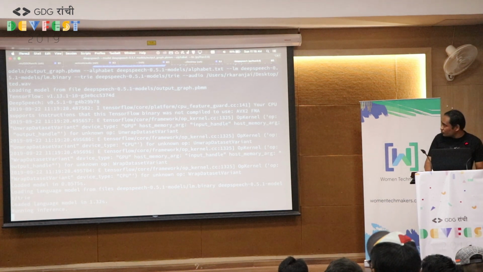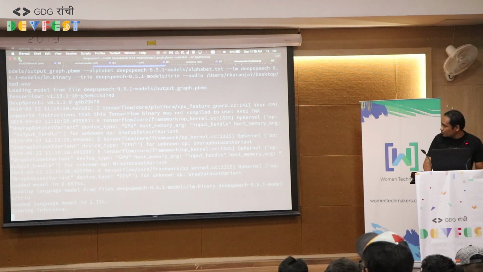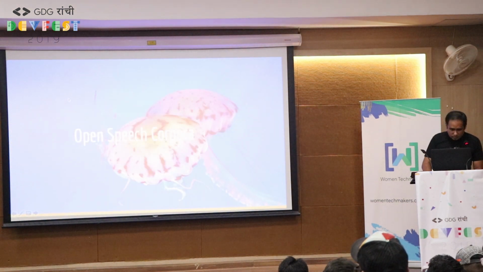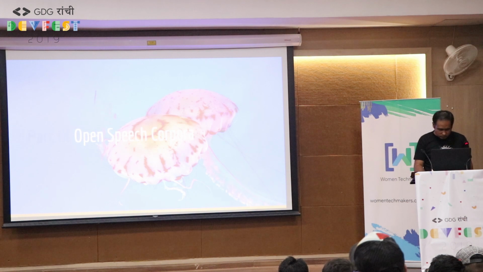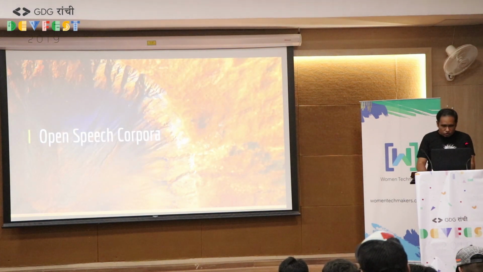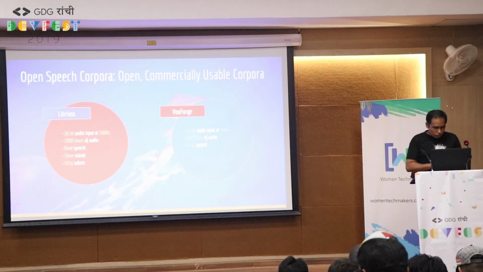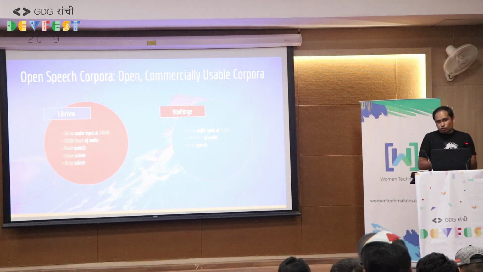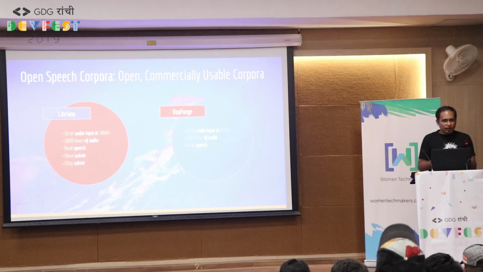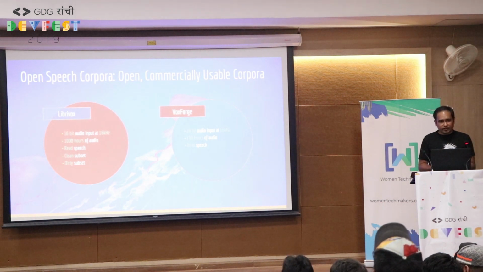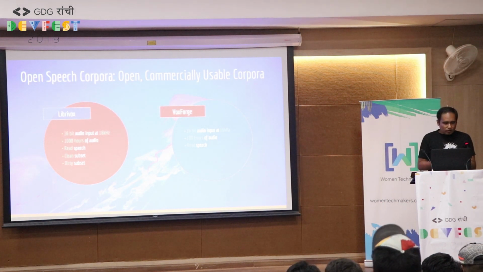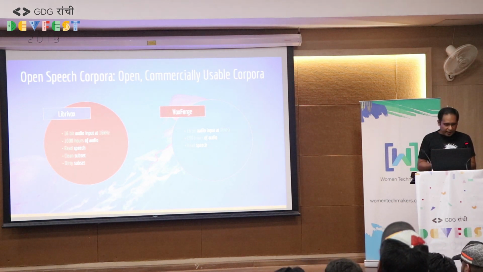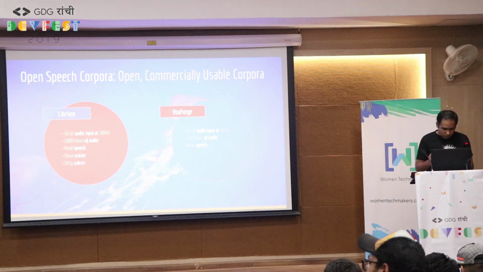While it's doing its work, I'll go back. So to collect this data and to train it, we needed to actually use volunteers, because the sources we had were LibriVox and VoxForge.